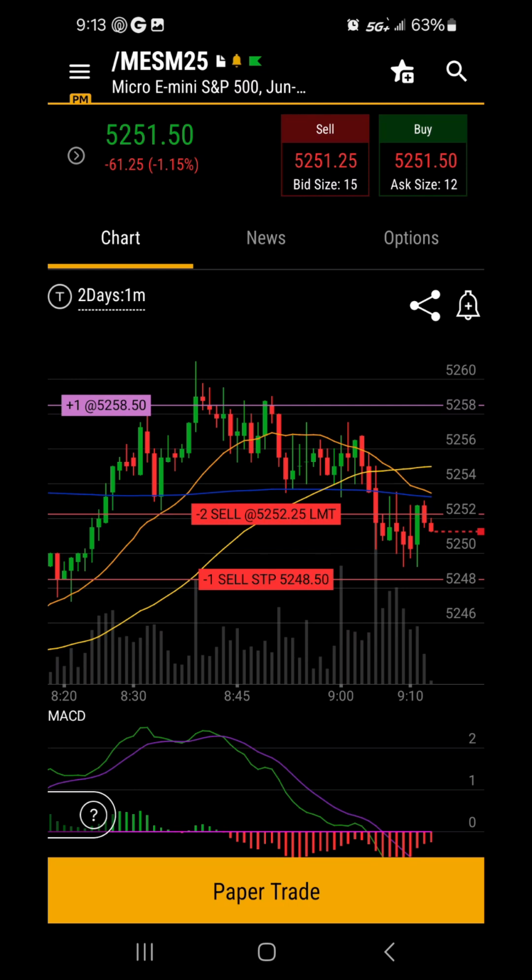I lowered it down, so my limit order is at a loss position because it's under my buy order, my original entry order. And I changed it to selling two. So I'd get into a short position and get out of my long position on the same order.